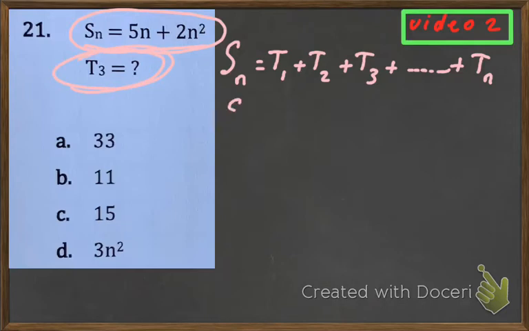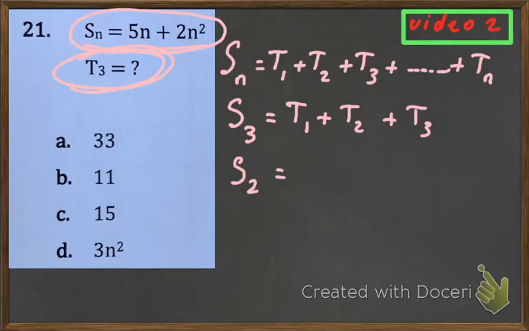We're going to say, well, at least we can write out what the sum of the first three terms would be. That would be term 1 plus term 2 plus term 3. And we can also write out what the sum of the first two terms would be. That would be S2 is T1 plus T2. Now consider what you have here on the screen.